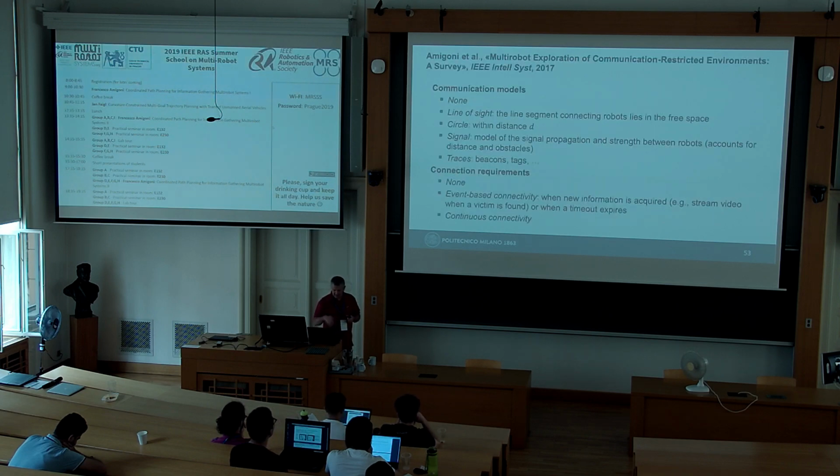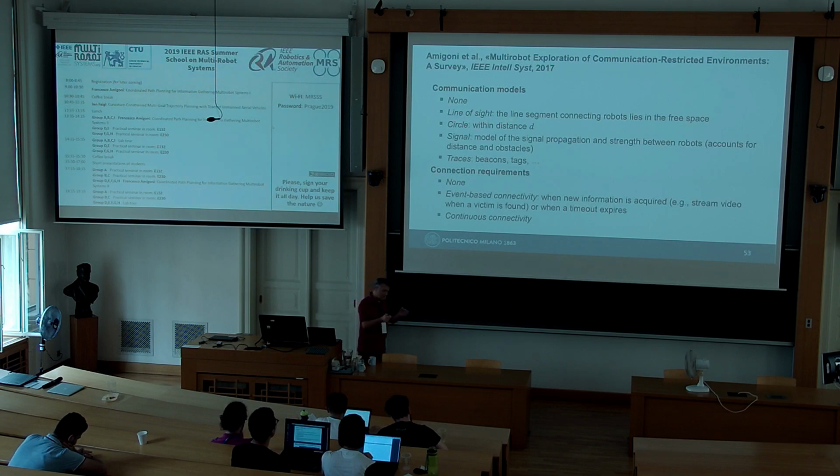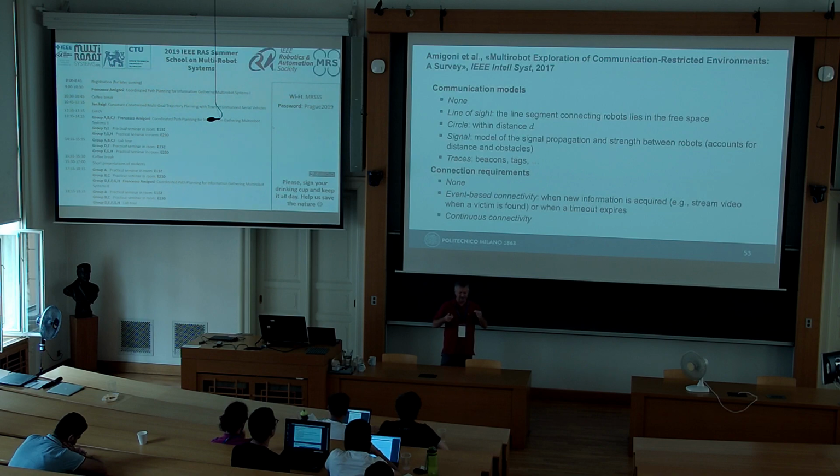And okay, this is a survey that we have done a couple of years ago on this. This is just what are the possible communication models that we can use. The basic one is line of sight. So we assume, when you plan where the robots should go, that they can communicate if they are in line of sight.